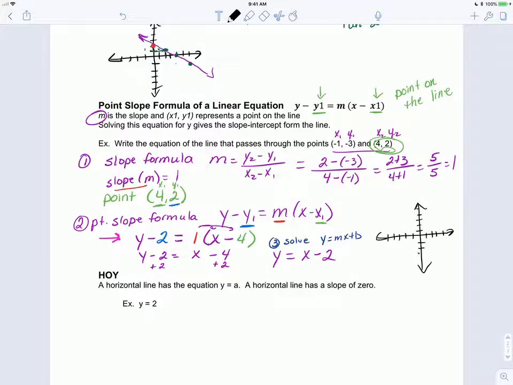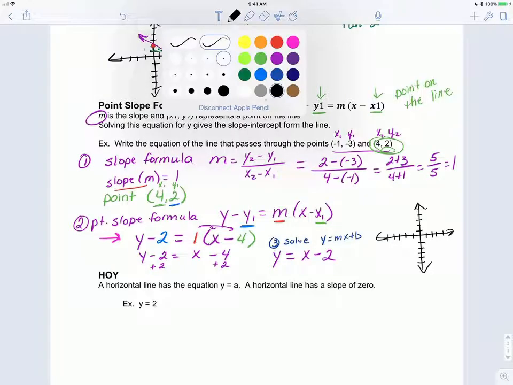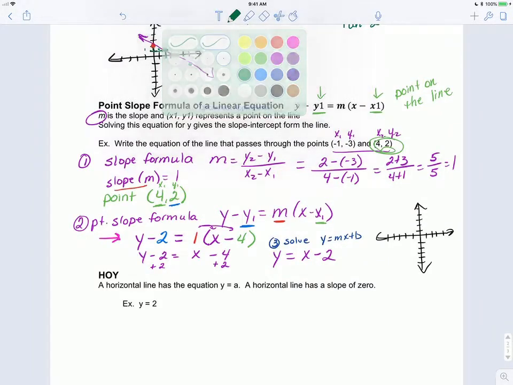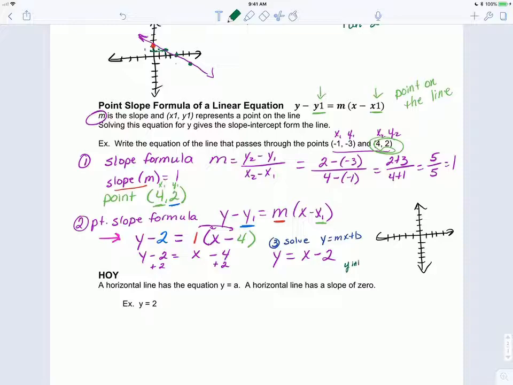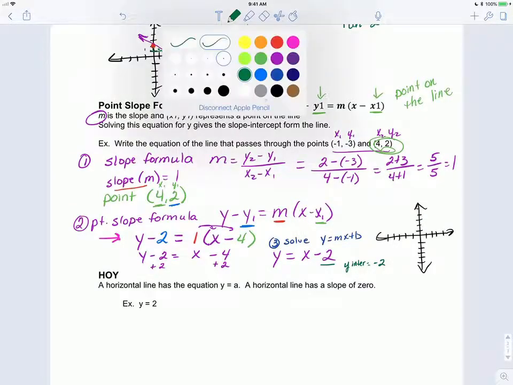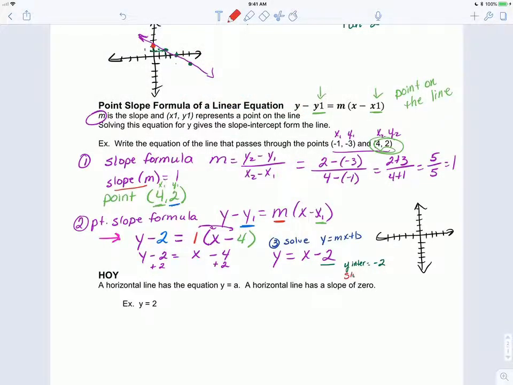So for this equation, we have a y-intercept at negative 2, because it represents that. And then we have a slope of 1, because there's an imaginary 1 in front of that single x. Okay, so we're going to go over to negative 2 on our y-axis and graph that.